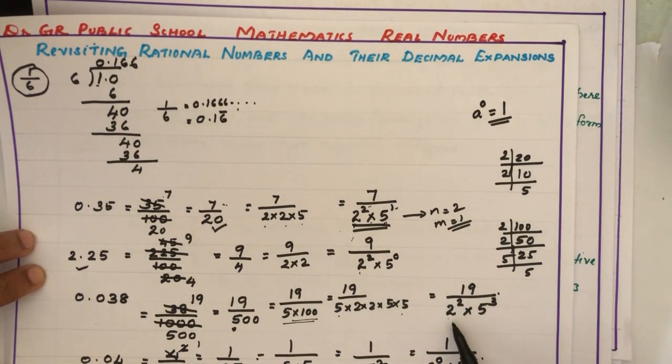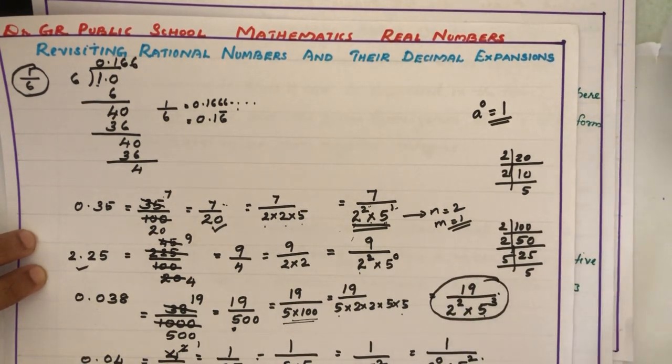Here 19 by 2 squared into 5 cubed. In the rational form, the denominator is of the form 2 raised to n into 5 raised to m. So the decimal form is terminating decimal form.